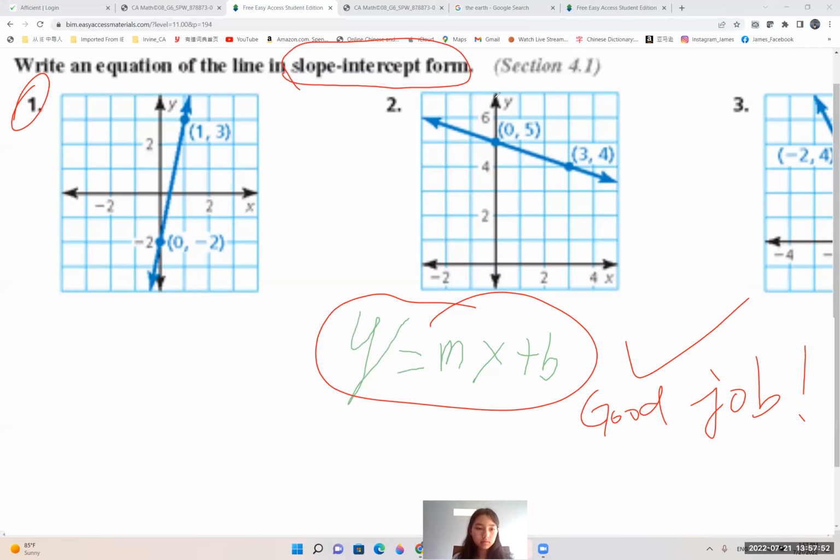We learned the formula, right? As I suggest, for each problem, write the formula first, then put in the exact values to get the answer. So could you write the slope formula first?